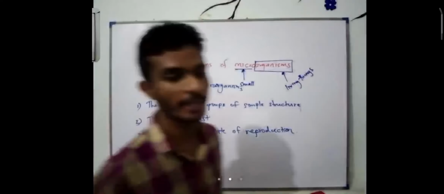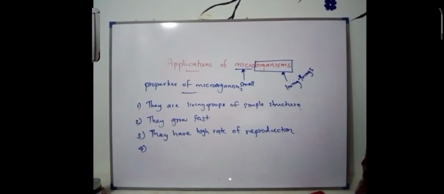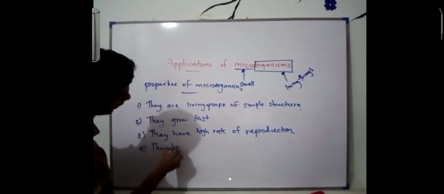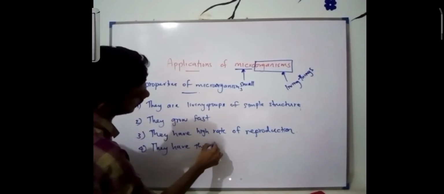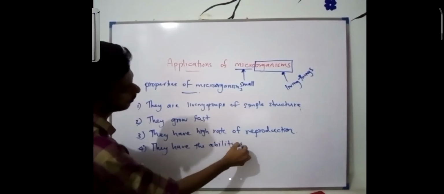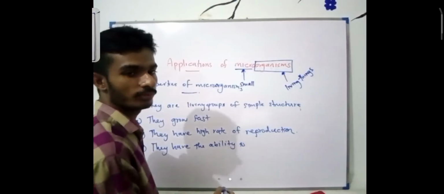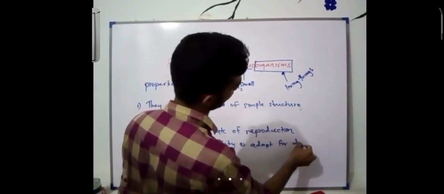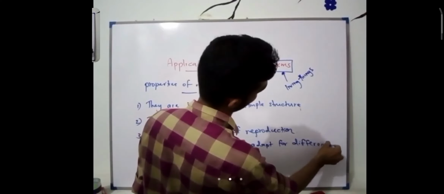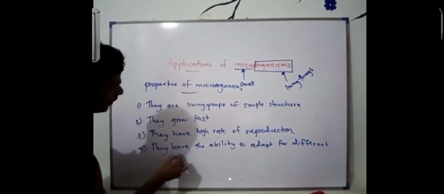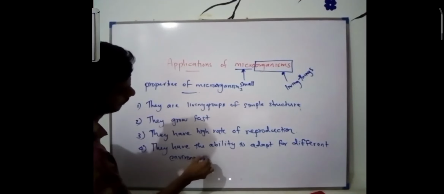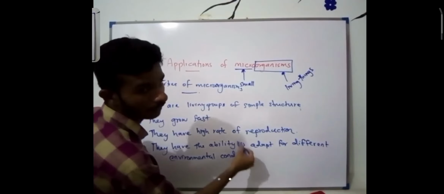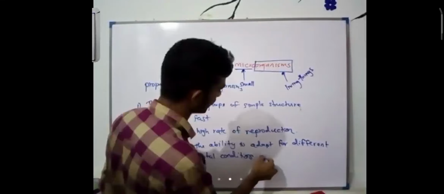So you can write: they have the ability to adapt to different environmental conditions and modes of nutrition.